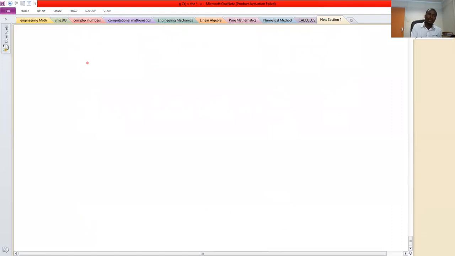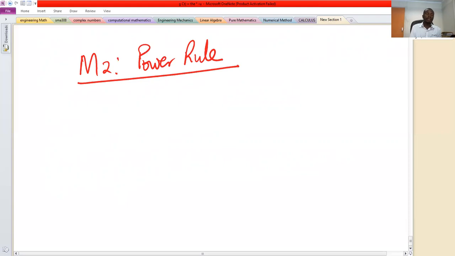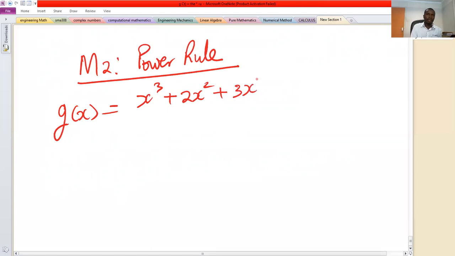Now, method 2, power rule. Power rule will require us to simplify that given function. So g of x was given by x to the power 3 plus 2x squared plus 3x minus 1 divided by x.